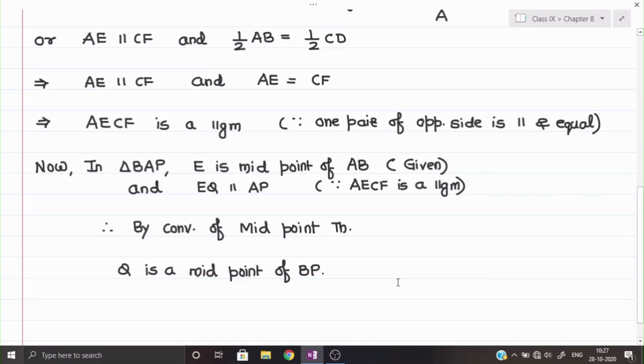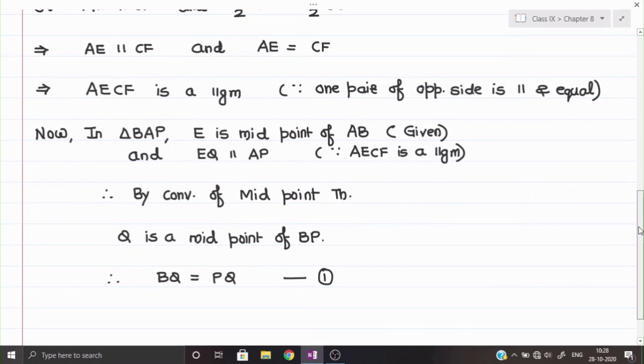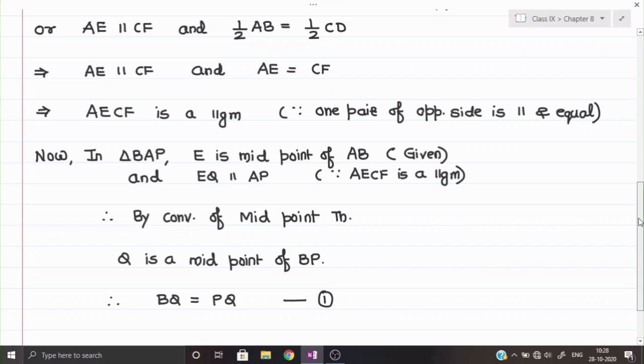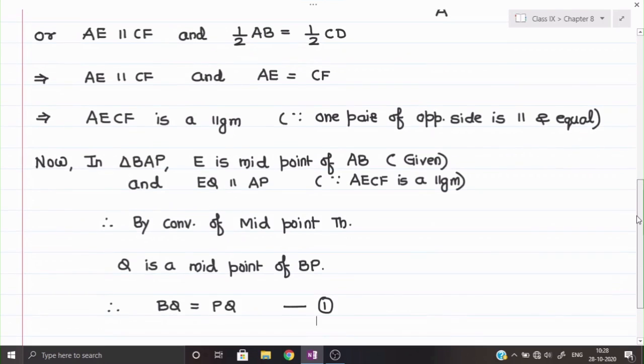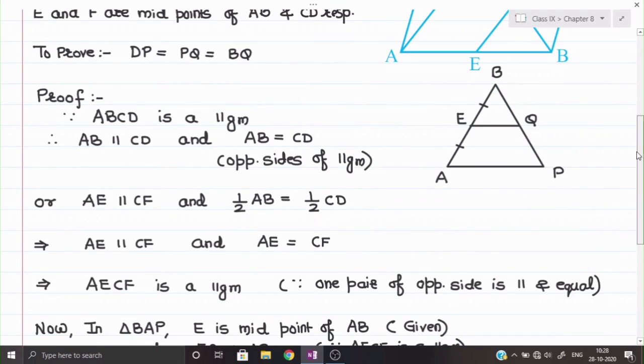And if Q is a midpoint of BP, it means BQ and PQ will be both same. Therefore BQ is equal to PQ, equation number 1. No, the solution is not over up till now. We have reached more than half of the solution. So see, Q is a midpoint of BP, so BQ and PQ will be equal.